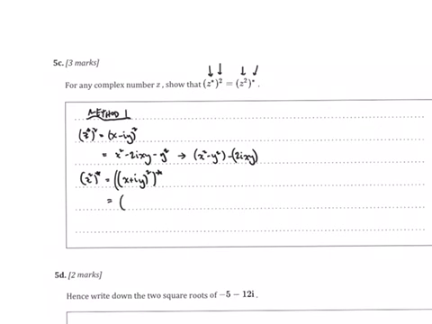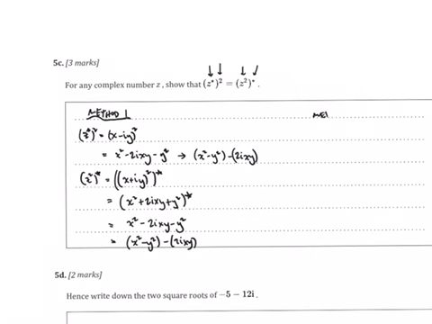So that would be x squared plus 2ixy minus y squared. If I were then to take its conjugate, I would get x squared minus 2ixy minus y squared, which again, if I put it into this a plus bi form, I would get the same, therefore showing that that's true.